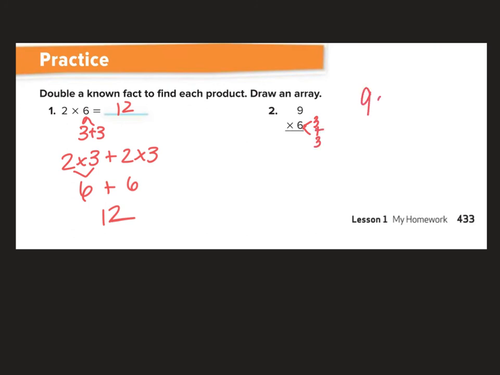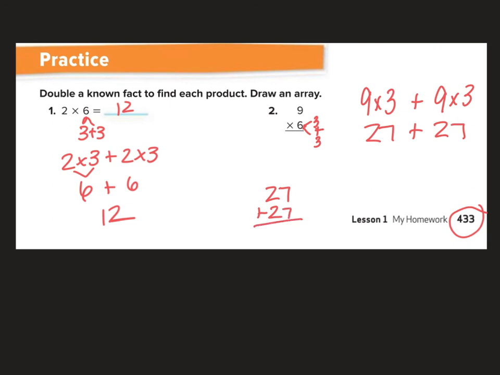So I have to do 9 times 3 plus 9 times 3. Sorry, I'm on page 433. So 9 times 3. 9 plus 9 is 18. 18 plus 9 is 27. 27 plus 27. Now, I'm not going to do that in my head. I'm going to write it out to make sure. 7 plus 7 is 14. 2 plus 2 is 4, plus 1 more is 5. So our answer here is 54.